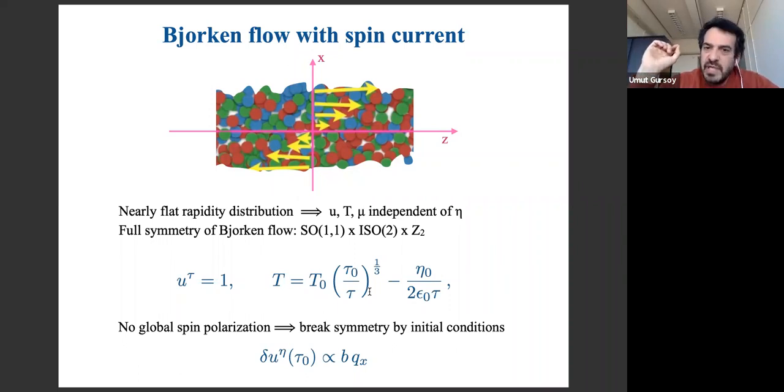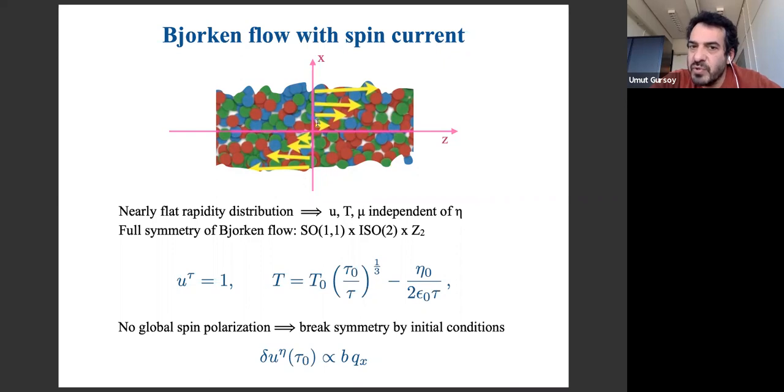So what you have to do is reproduce these initial conditions in your system. You have to deform the Bjorken flow in such a way that you get some non-trivial correction to the velocity in the rapidity direction, in the z direction, which is given essentially by the momentum in the q direction, in the x direction.